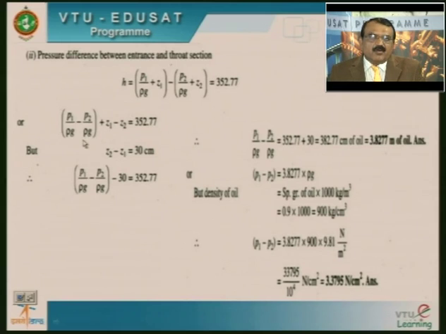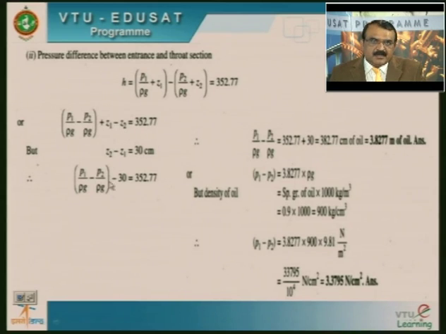Now, depending on the data given in the problem, I rearranged this equation. That is the only thing I did. I repeat, this Z2 minus Z1 is given in the problem. Here you clubbed the terms. In the next step I rearrange these terms in such a way that Z2 minus Z1 is equal to 30 centimeter, which I am going to replace in the next step. If you look at this, Z2 minus Z1 is 30 centimeter, but you are looking for Z1 minus Z2.